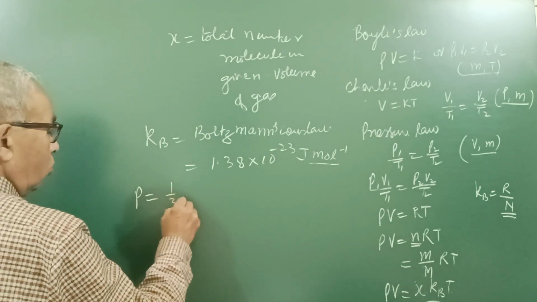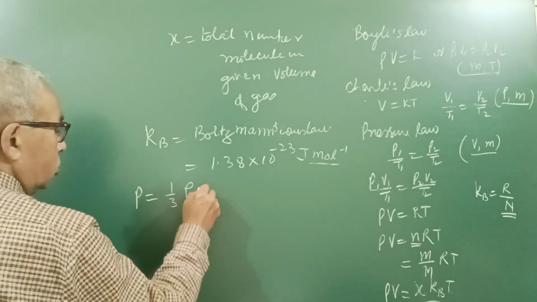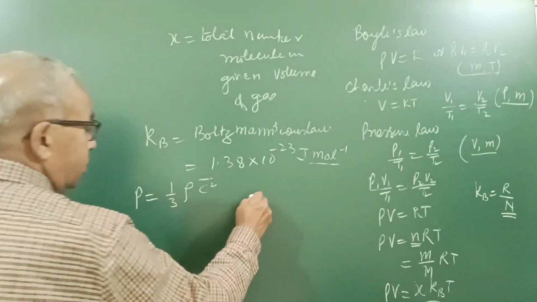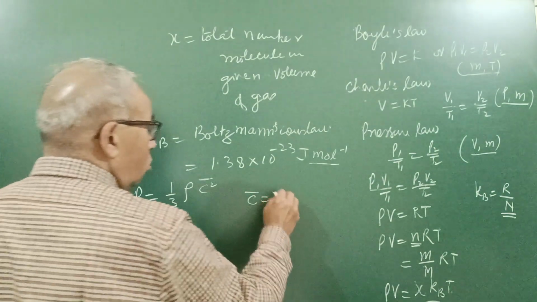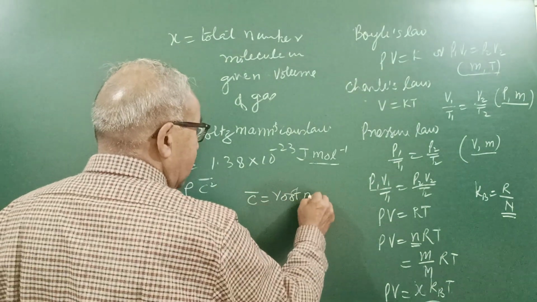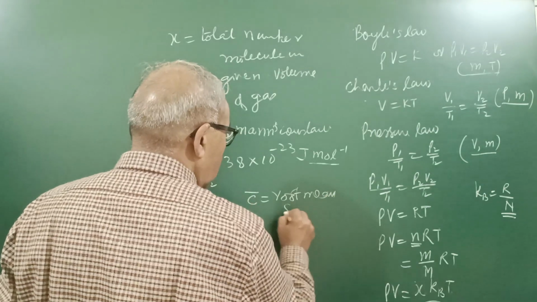P equal to 1 upon 3 rho C square bar. C bar is called root mean square speed.